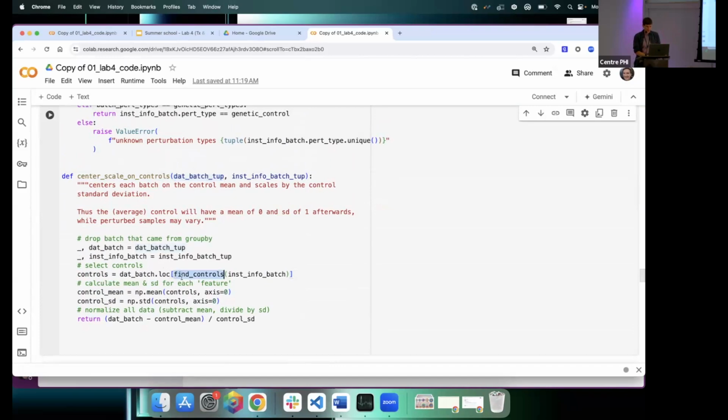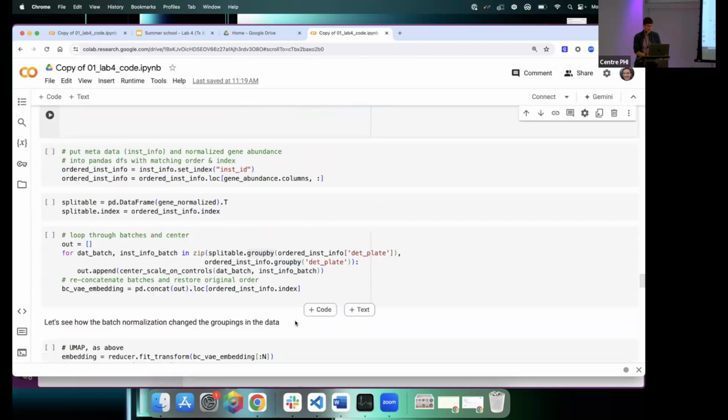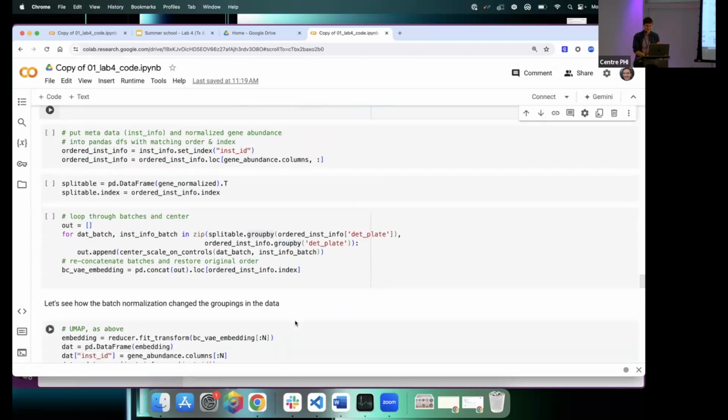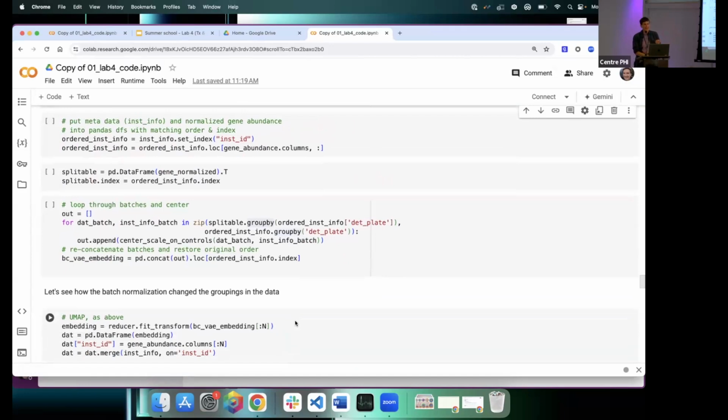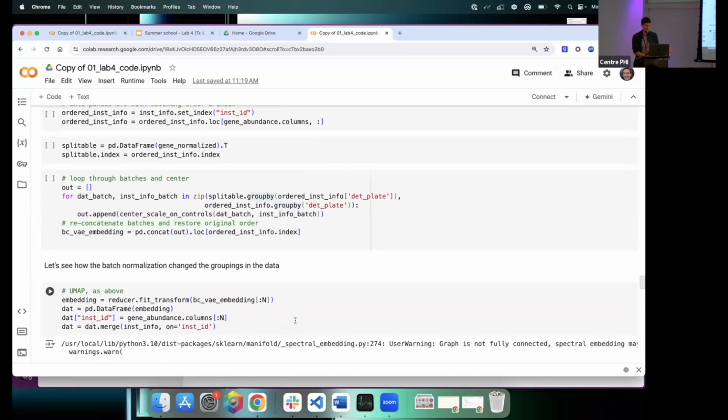Going to use the metadata to find the controls. There we have getting the control mean, the standard deviation, and the actual centering. So very, very simple, but it's fast. And again, you can generally rely on this sort of stuff to be not that bad and catch you as you go out and try more complicated methods, that you haven't messed something up, right? It's a very good first go-to.